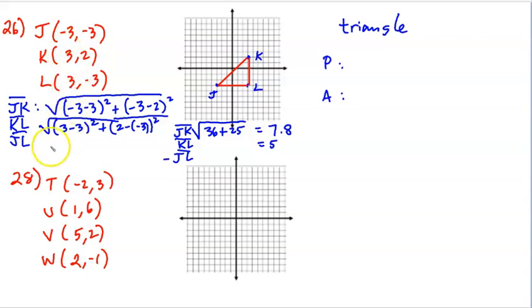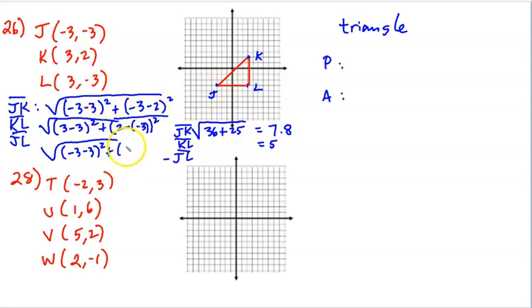All right, so for JL, it's the difference between the x's plus the difference between the y's. Now this time it's going to be 0. So if these 2 points are on the same horizontal or vertical line, it's really just a matter of finding the difference between either the x coordinate or the y coordinate.